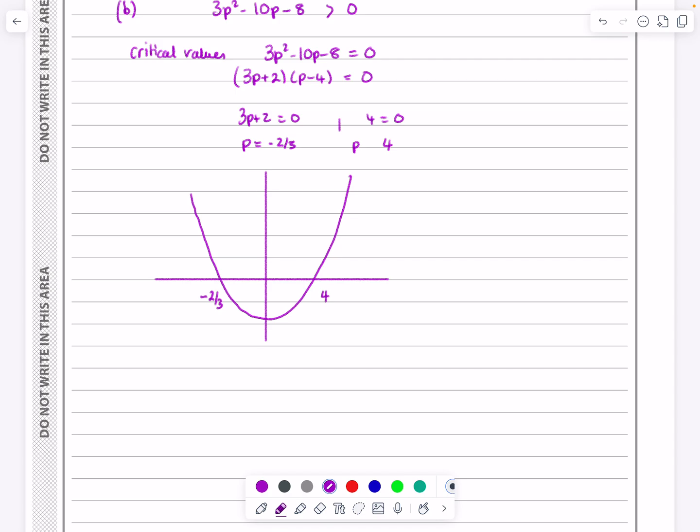That was p minus 4, which gives me p equals 4 there. Apologies for that. So then I want to know when this inequality is greater than 0. So it's in those two regions there, isn't it? So my actual answer is p less than minus 2/3 and p greater than 4 as my final answer.